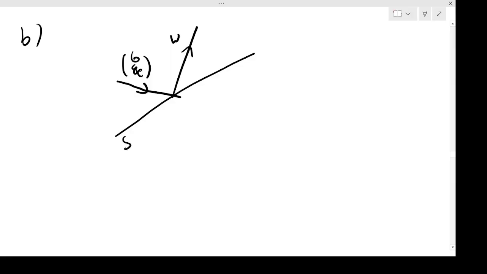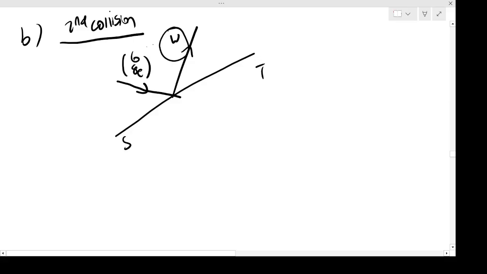That's my second wall, ST. That's my second collision. Okay, so we just need to find W here. So hopefully happy with that again. Again, if you're a bit confused by the end of the first part, you can put that to one side. It's literally just working out the speed after a collision in the normal way.